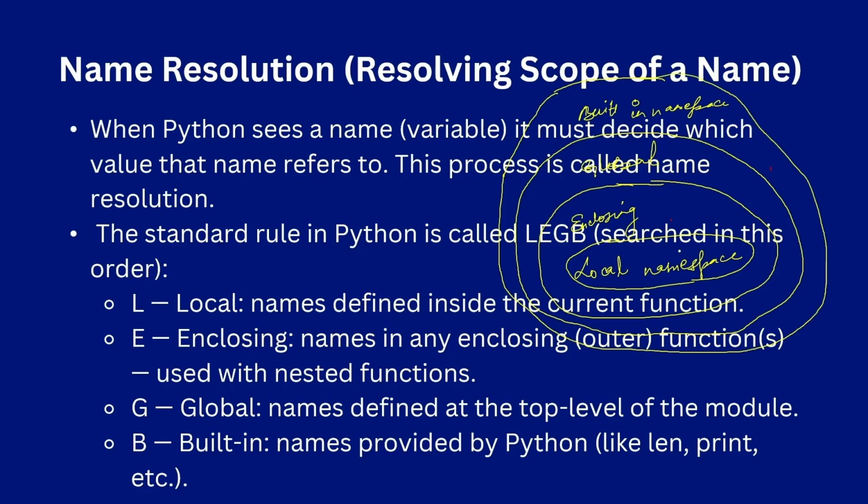If it is not present even in the enclosing namespace, it will check the global namespace. And finally it checks the built-in namespace. If it is not present even there, that means the variable is not present at all, and we report an error. Okay, so I hope this name resolution is clear.